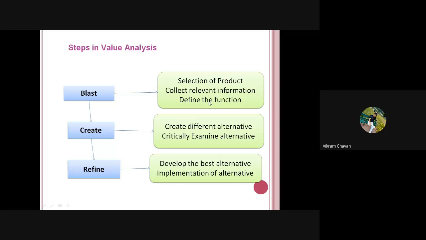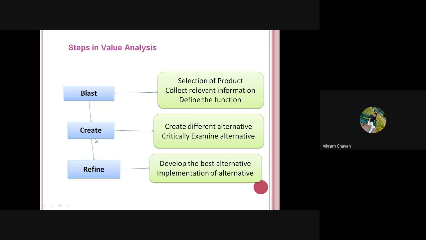That is collect relevant information. Now the third step of the BLAST stage is define the functions. The functional requirement of that particular product is defined, and the cost valuation of each function is also defined. That is nothing but BLAST. BLAST is the first stage of a value analysis.